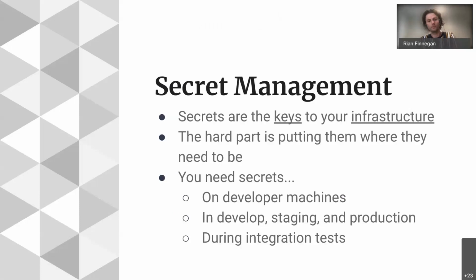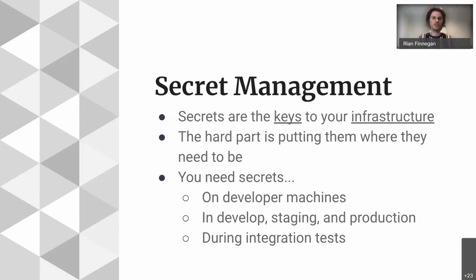Okay, so what are secrets? Secrets are the things that let you interact with your infrastructure, right? And the hard part about them is that they have to go somewhere. People need access to them, but not everybody. They need to be in the right place at the right time. So, you're going to need secrets on your developer machine when you want to prototype some new thing with some new cloud service.